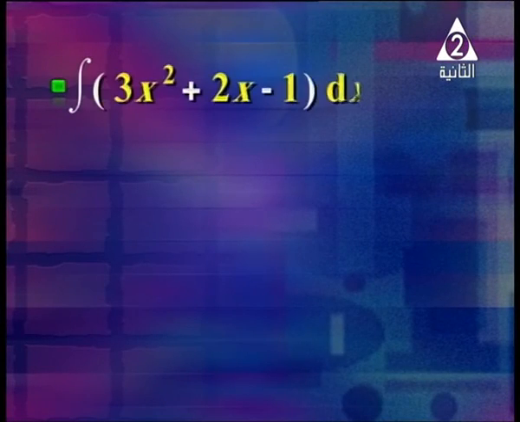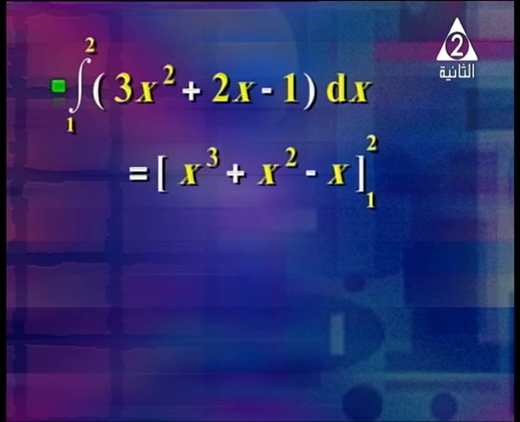At first, what is the integration of 3x^2 plus 2x minus 1 from 1 to 2? The integration of 3x squared equals x^3. Why? Because x^2 becomes x^3 over 3, multiplied by 3, is x^3. The integration of 2x is 2 times x^2 over 2, which is x^2. For minus 1, what is the integration of a constant? It is x.